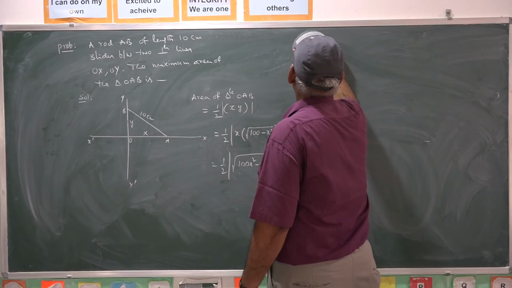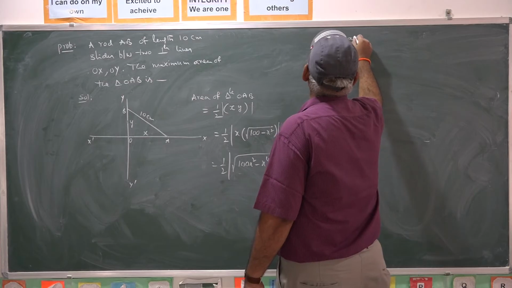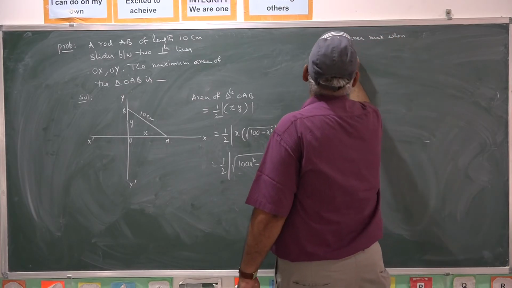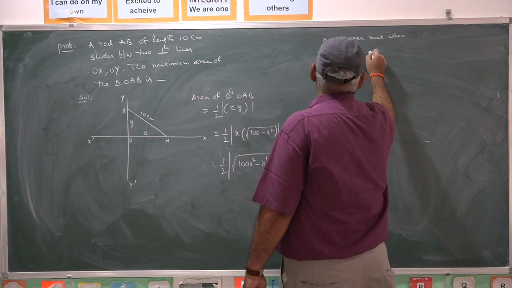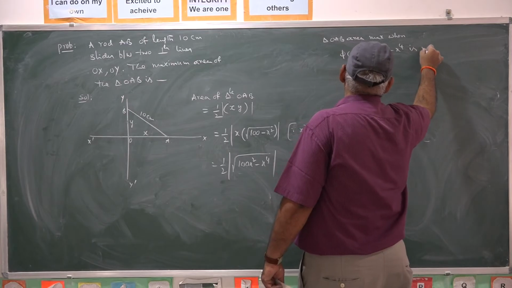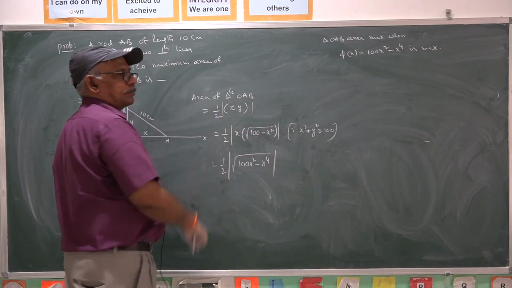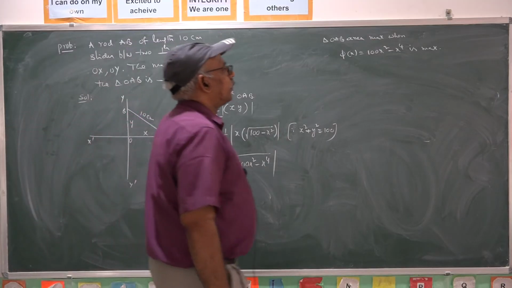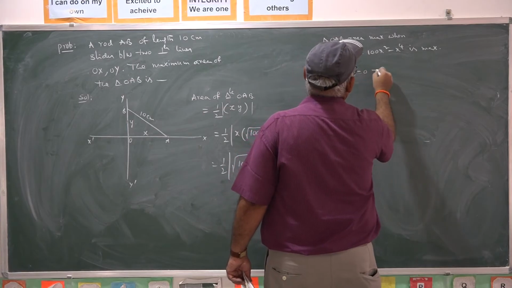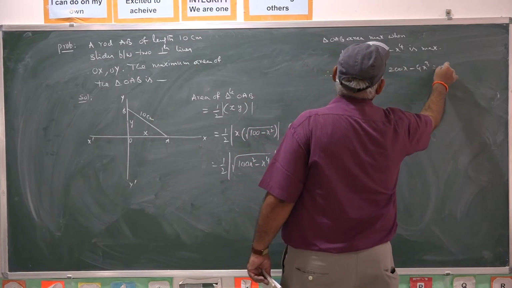So the area of triangle OAB is maximum when 100x square minus x power 4 is maximum. Once this function is maximum, the area is maximum. Therefore, the derivative equal to 0 implies 200x minus 4x cube is 0.